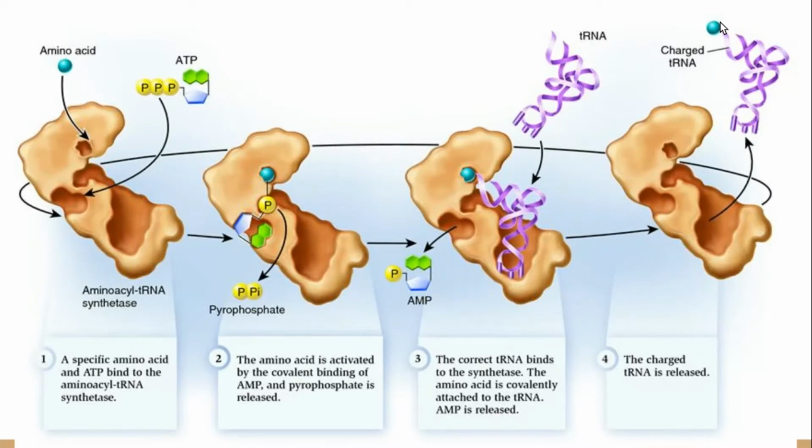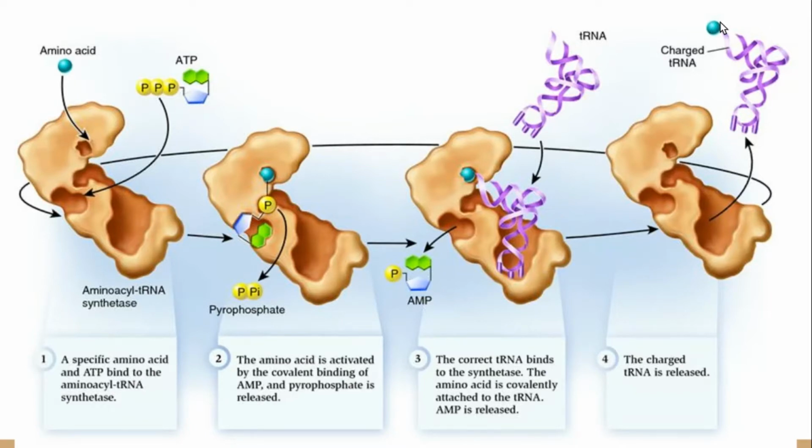So for example, the tRNA that recognizes glutamine will be charged by the glutamine tRNA synthetase. The tRNA that recognizes the leucine codon will be charged with the leucine amino acid by the leucine tRNA synthetase.